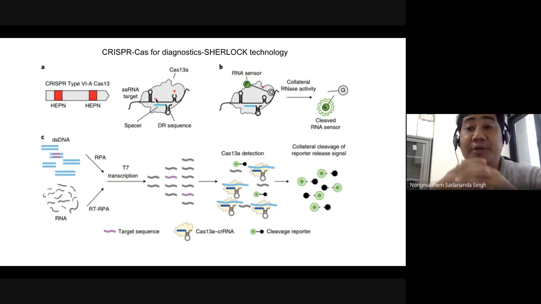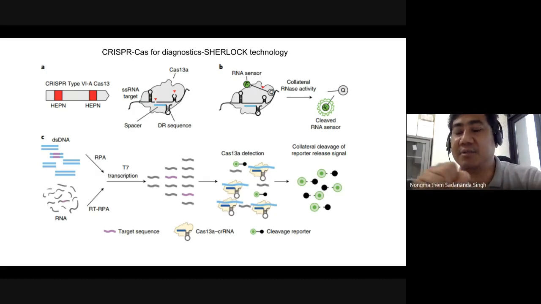But one more important thing that has been shown is that the Cas13 protein, when there is a target RNA, for example, it is targeting a particular site, once it finds a target, it can even cleave nearby RNA as well.